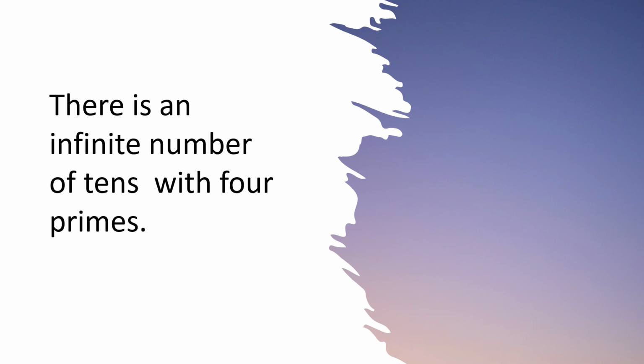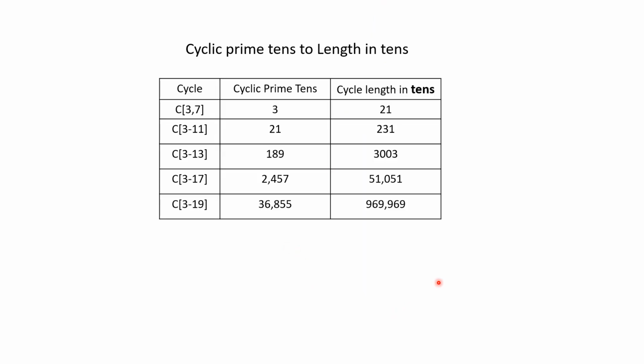So let's continue. As you can see, the proposal of this study is that there is an infinite number of tens with four primes, what in mathematics is called prime quadruplets. So the study is based on this. Quickly, you can see here how the number of cyclic prime terms evolves per the length of the cycle in tens.